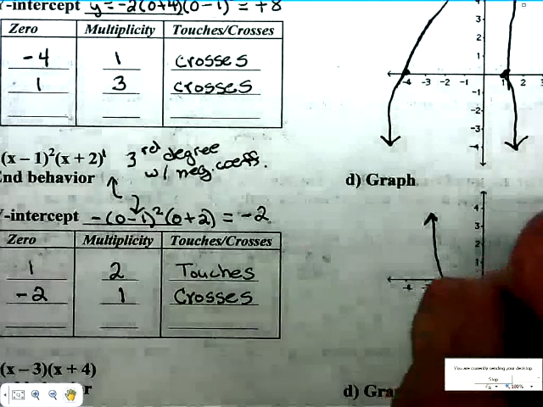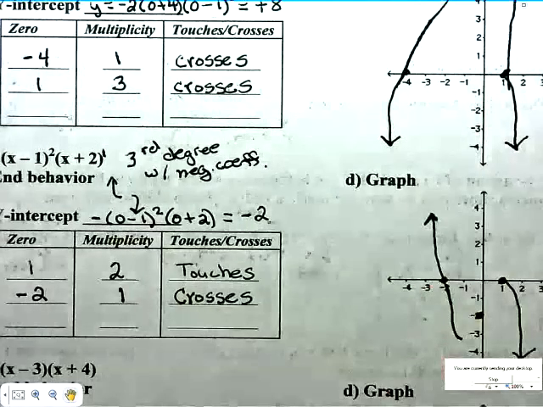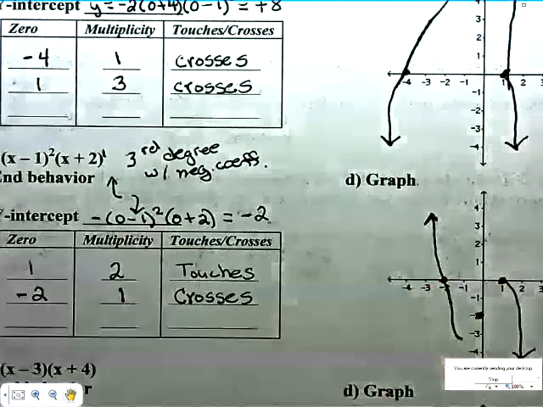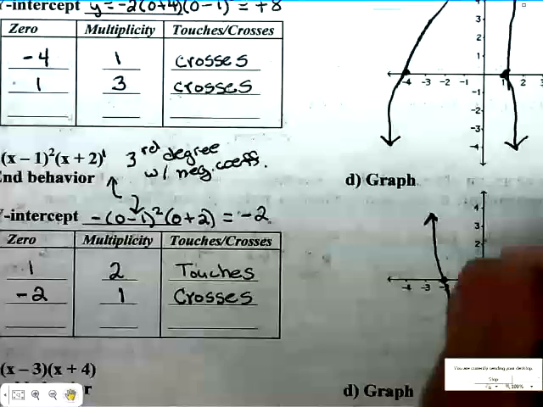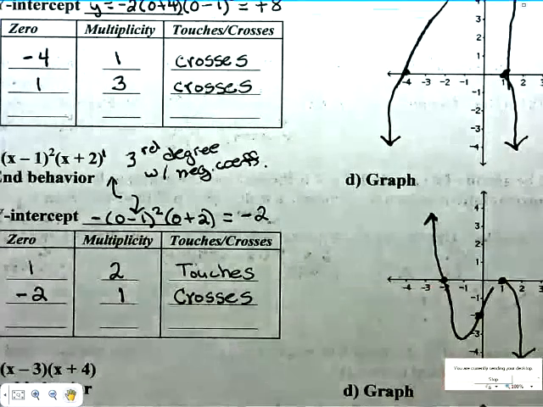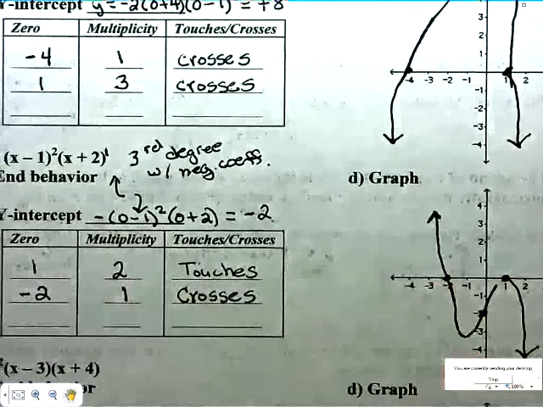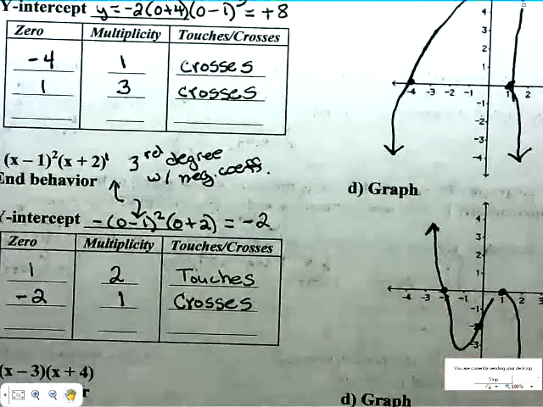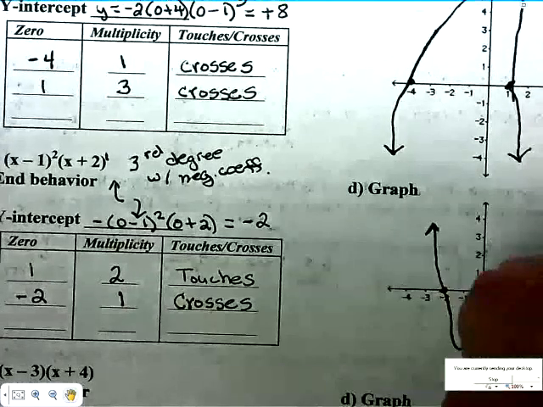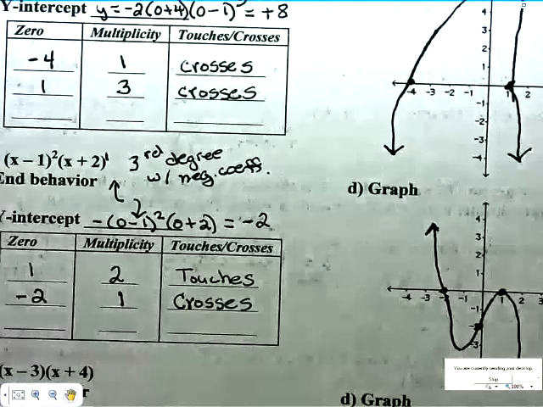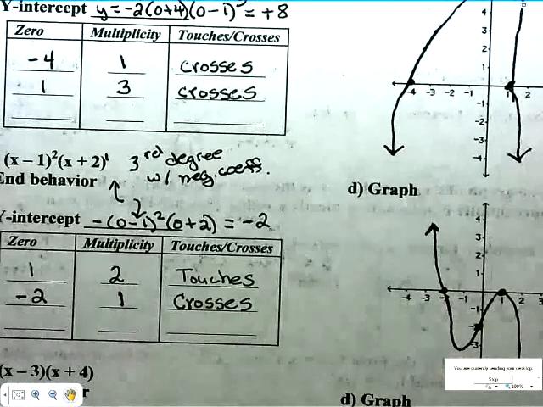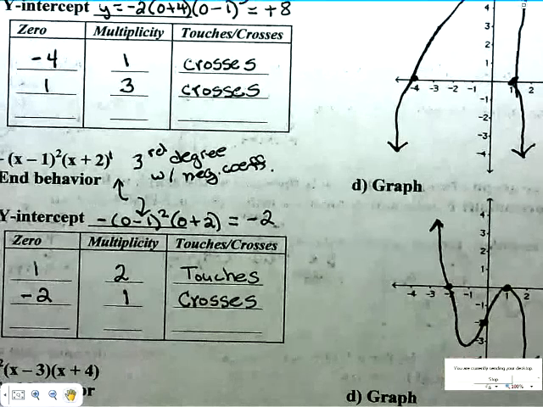I really can't tell without calculus. I just know at some point it has to turn around, hit that y-intercept, and go back up to 1. What's the graph supposed to do at 1? And that's exactly what happens. Any questions?